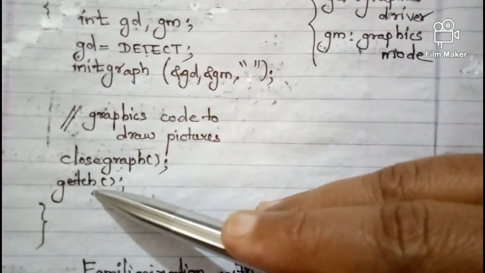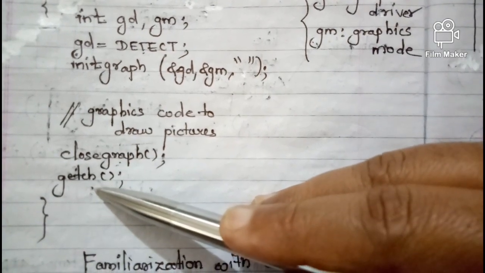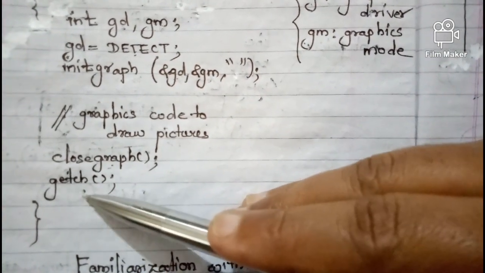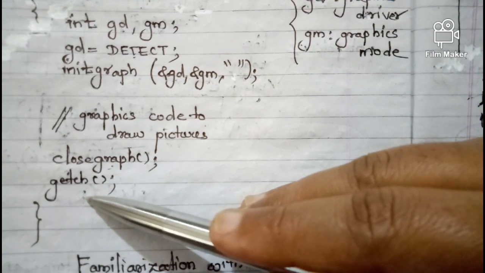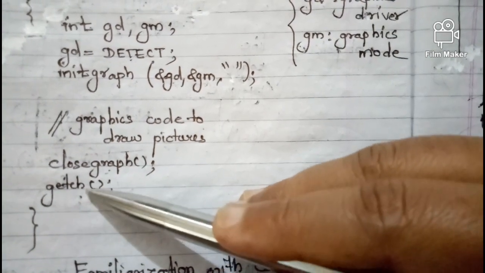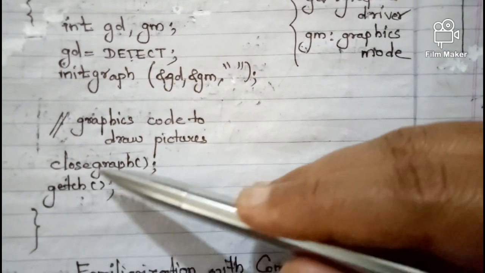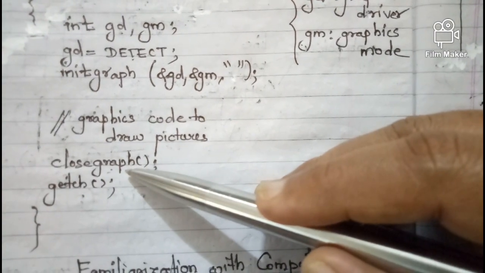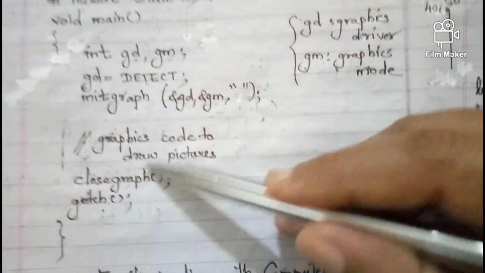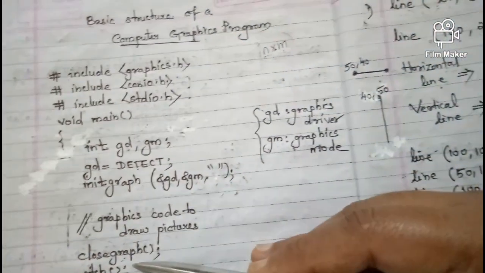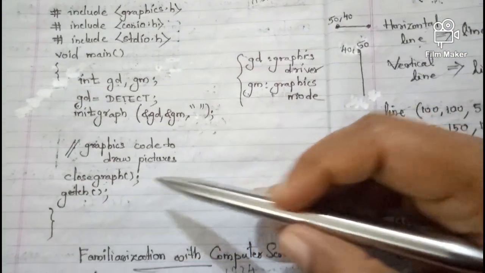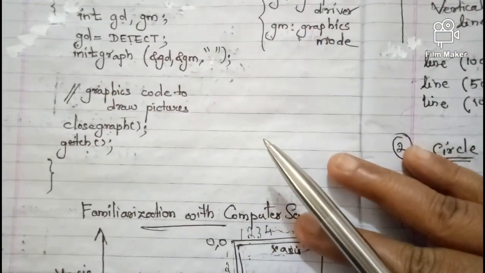And at last, we are going to use the getch function. This function allows you to easily return from the output screen back to your program screen. This is all about the basic structure of a graphics program. Let us move on to the next topic.